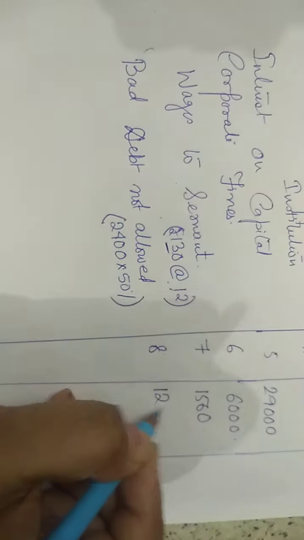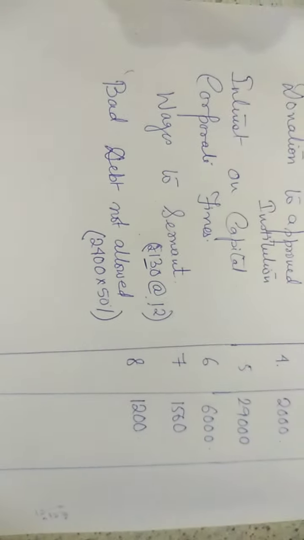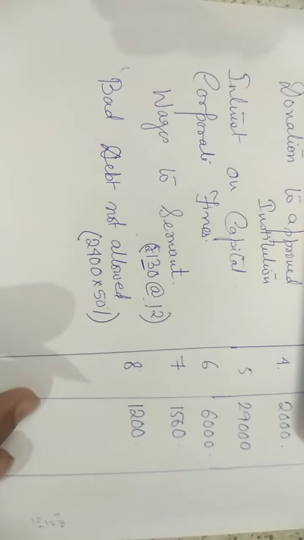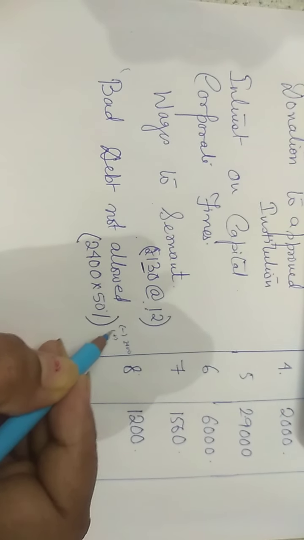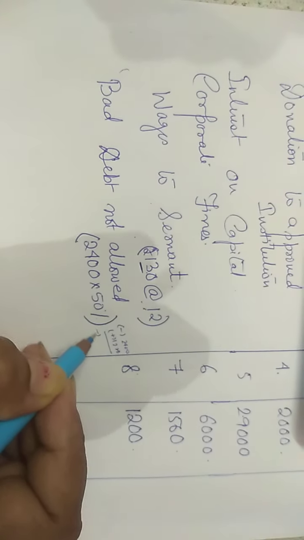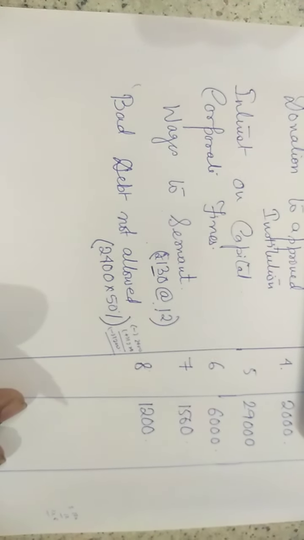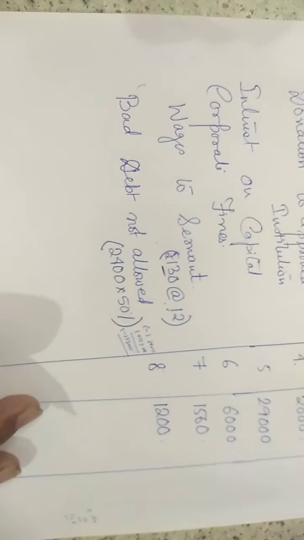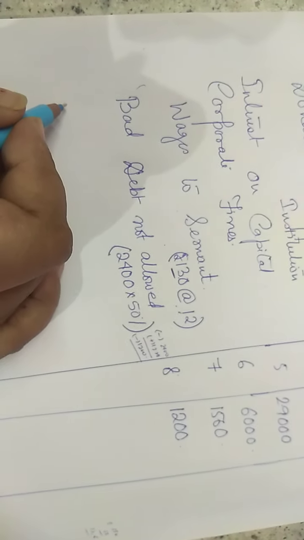Hence, I have to add back only 1,200 because I can deduct only 1,200. And since I have wrongly deducted 2,400, if I add back 1,200, then ultimately the effect will be that I have deducted 1,200. Okay. After bad debt, we have goods withdrawn for personal use, drawings.